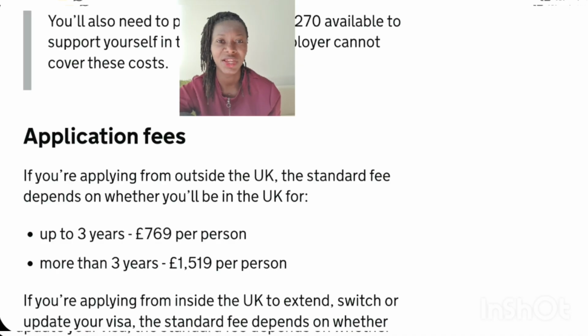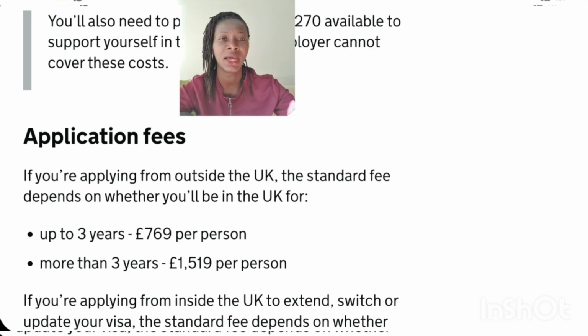So if your visa is 3 years or less, your visa fee is going to be £769 per person for you, the applicant. If your visa is going to be more than 3 years, like 4 or 5 years, then you are going to be paying £1,519 for your visa application fee.